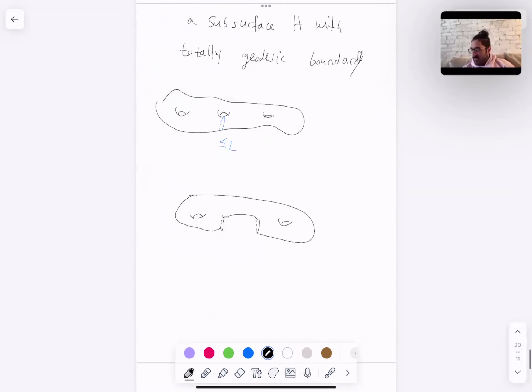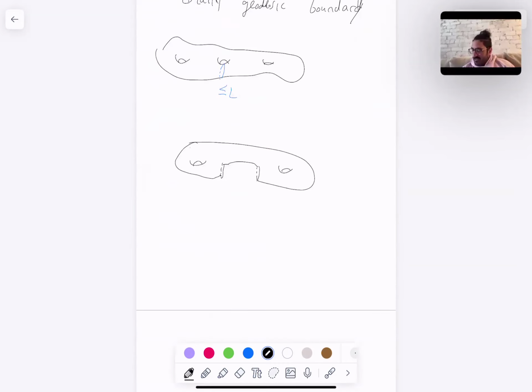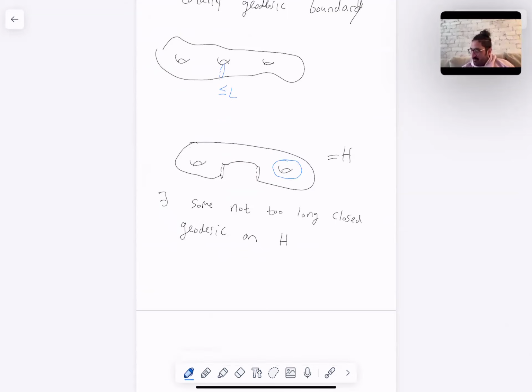So now coming back here, we say that there exists some not too long closed geodesic on H. Maybe it's here. And then we use the final lemma to say that the entropy of H is not too small. And that's the sketch. That's the proof.